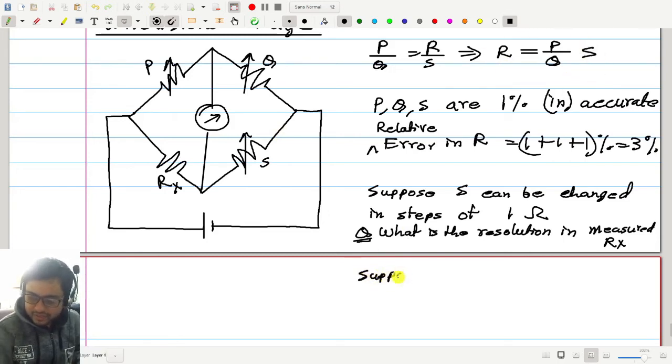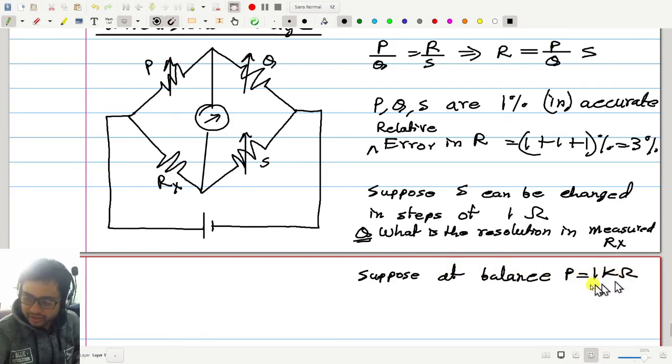Suppose at balance P is equal to 1 kilo ohm and Q is equal to say 100 ohm, and say S is 100 ohm.